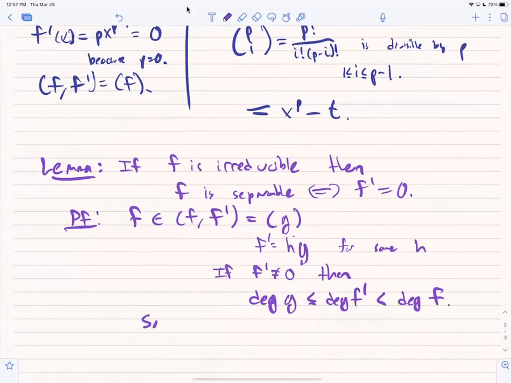But g divides f, because f is in this ideal.